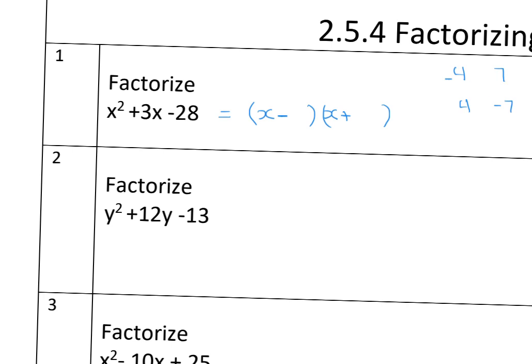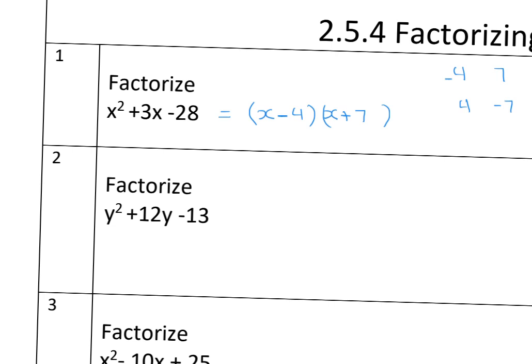Negative 4 times 7 is negative 28, and negative 4 plus 7 equals 3. So negative 4 and positive 7.